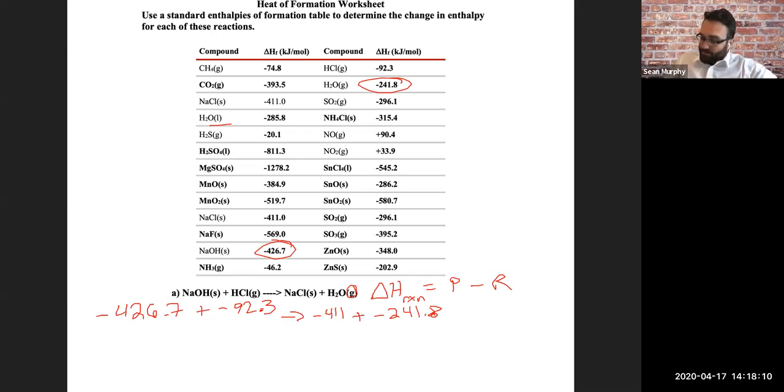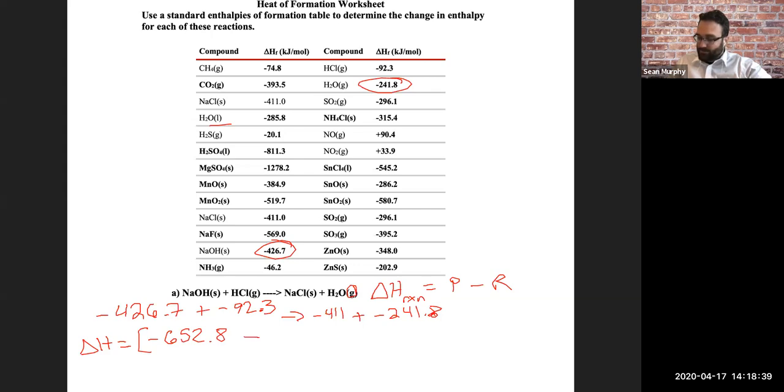So let's do delta H of reaction. The delta H is going to be the products. So let's group all of the products together. If we were to add negative 411 plus negative 241.8, that would get a negative 652.8.